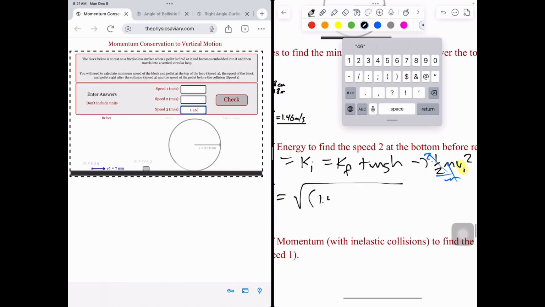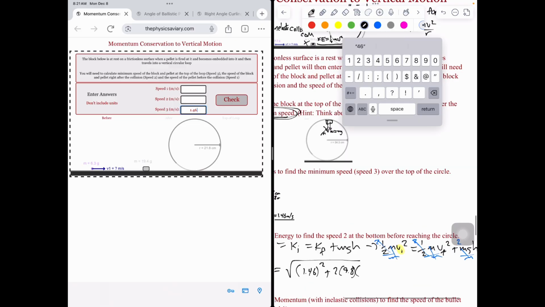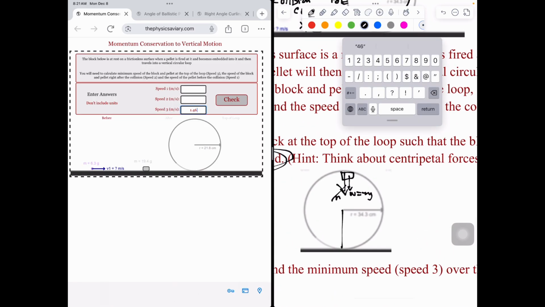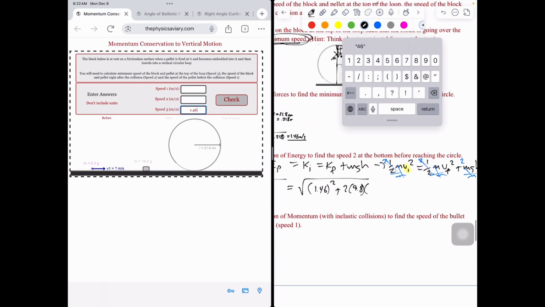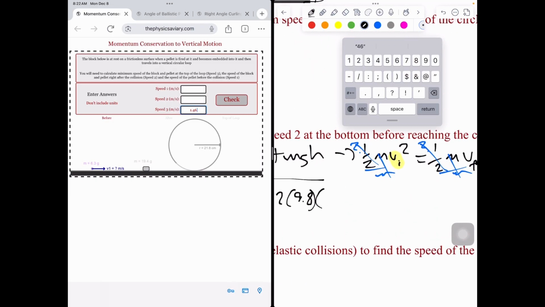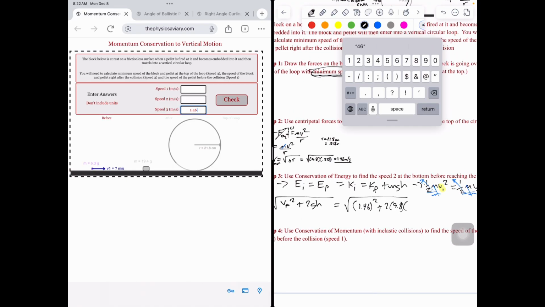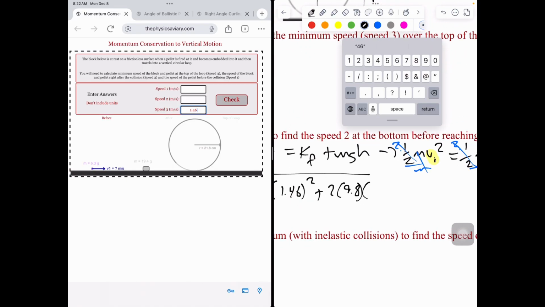So we have 1.46, or whatever the speed you got over the top, squared, plus 2 times g times h. Now, h is going to be twice your radius, because there's your radius, but the entire height, you can see, is going to be radius plus radius. So the radius is, in my case, 0.218. Double that, and we're looking at 0.436.